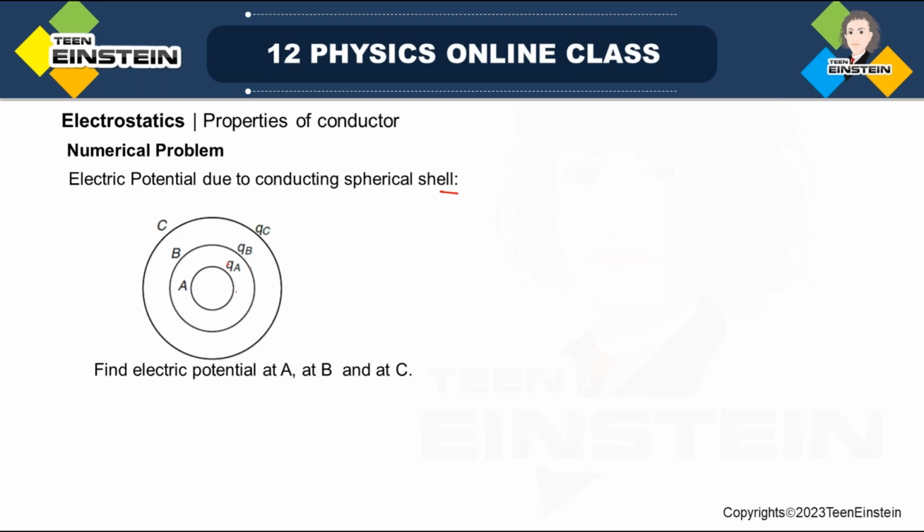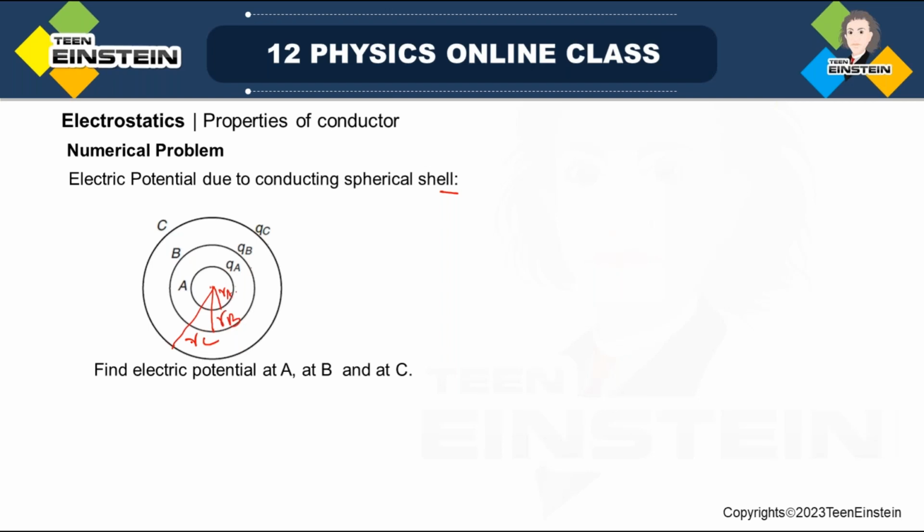So concentric cells, okay, and I can just think of radius of this is RA, radius of this is RB, and radius of this is RC, okay.